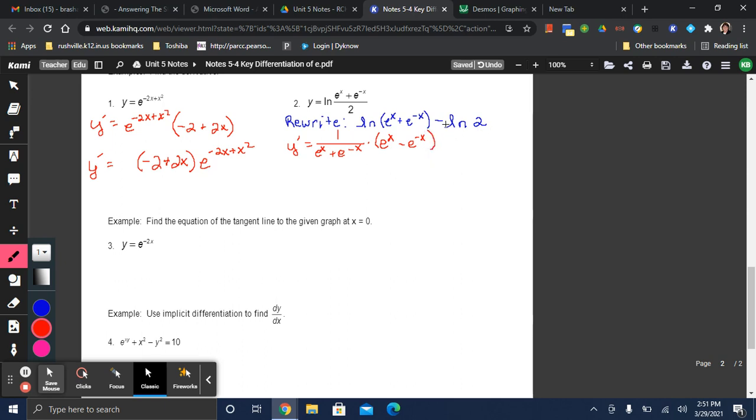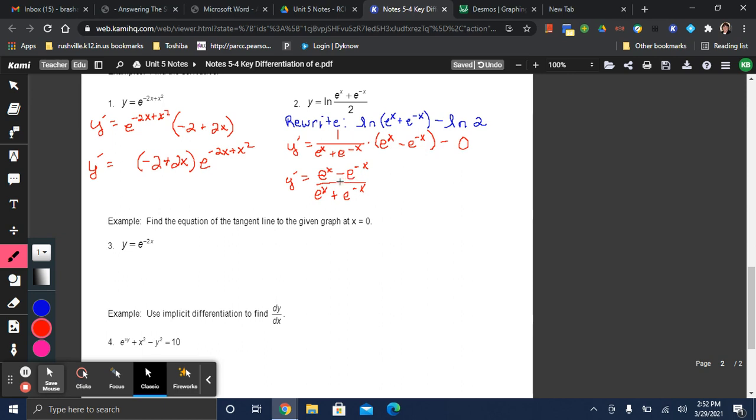And then something to notice here, this log of 2, that is a constant, and the derivative of a constant is 0. So we'll simplify this by rewriting it as one fraction, e to the x minus e to the negative x, and then your denominator, e to the x plus e to the negative x.